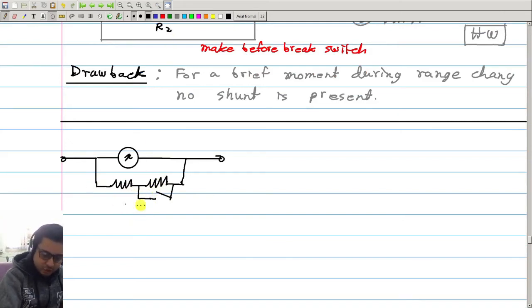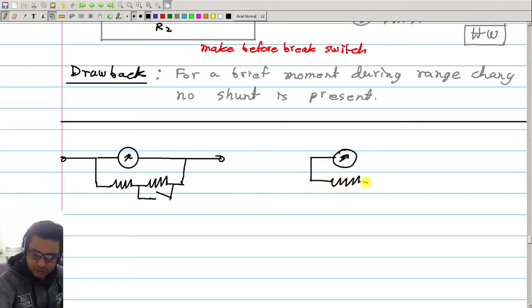So these two together are a variable resistance, and when you short it, then only this resistance is present. When you open it, both the resistances are present, so the resistance changes. Yes, that is another way. But don't think that we will use a rheostat.